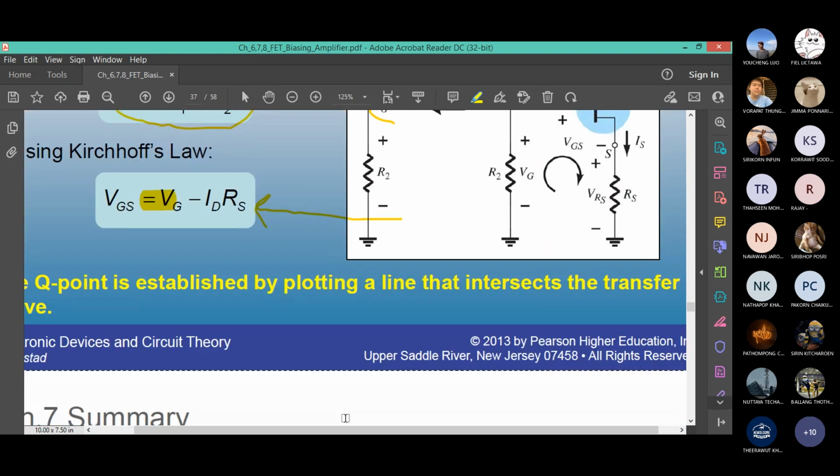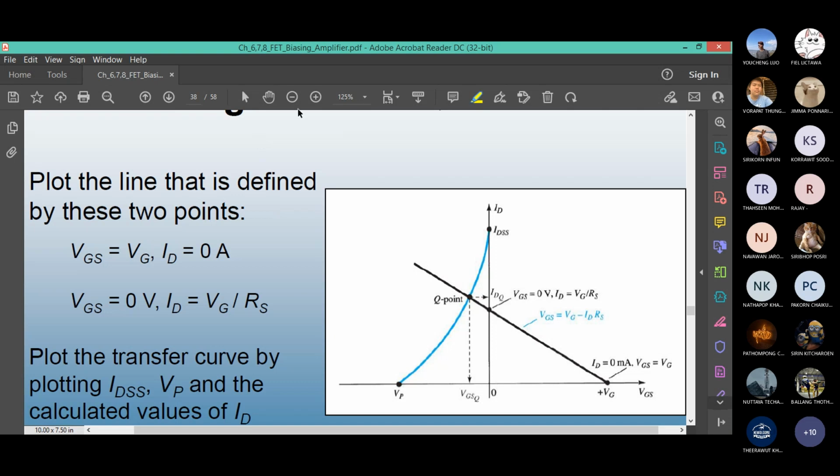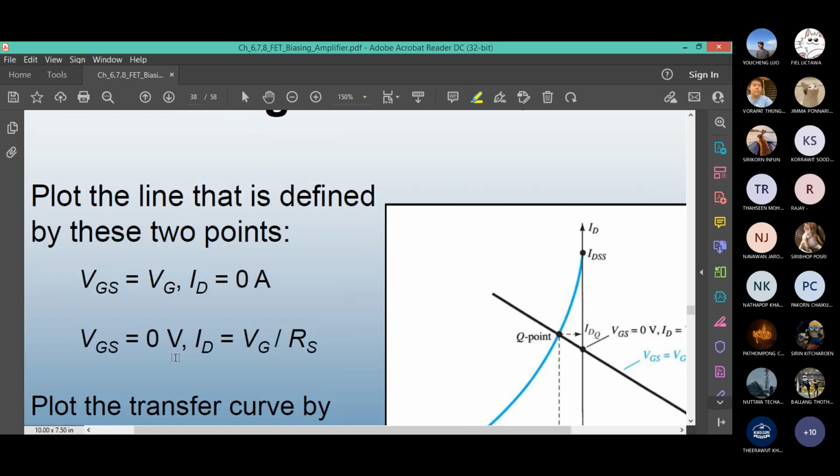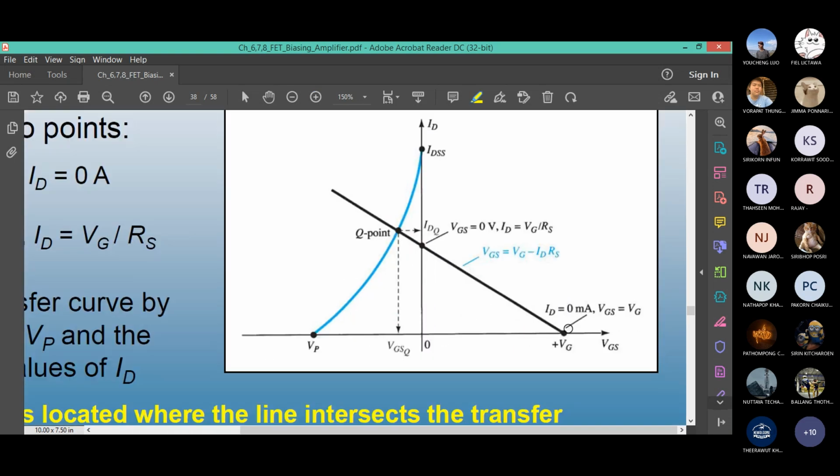Yes. So how will you draw the load line? Here is how. You know the equation: VGS equals VG minus IDRS. When ID is 0, VGS equals VG. This is your first point. When VGS equals 0, you correctly said that ID equals VG over RS. So take the value of VG. How did you find VG?